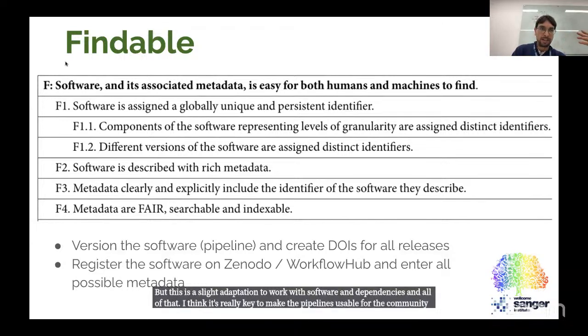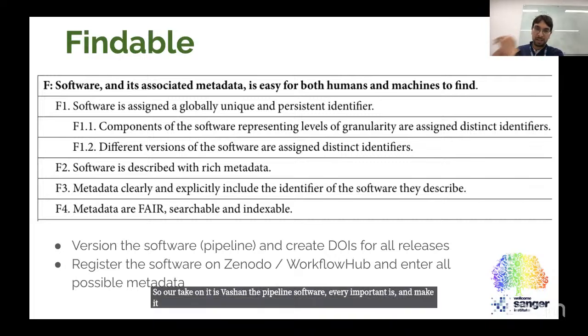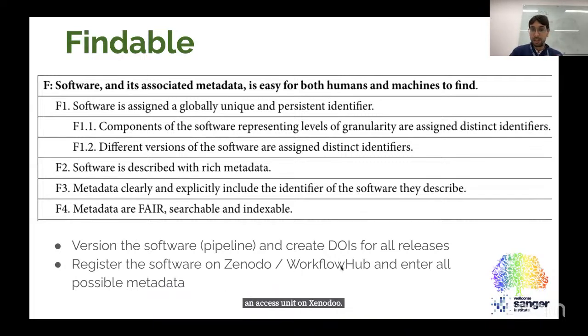So for instance, findable: is there a standard place where you can easily find the software, both for humans and machines? Our take on it is to version the pipeline software, every important release, and give it an accession on Zenodo. There's also Workflow Hub as a very good alternative.